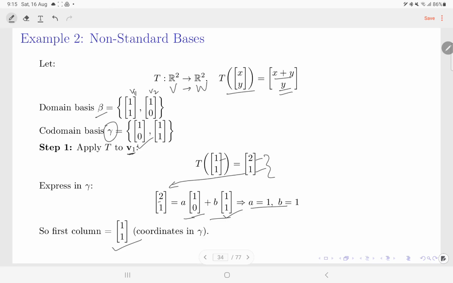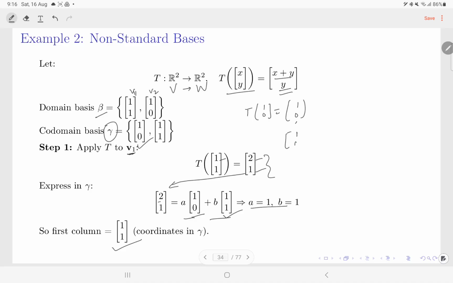Hence the first column of the matrix will be (1, 1). Okay, now do this for the second as well. How can you do this for the second? T(1, 0) will be (1, 0). Okay, yes, x plus y will be 1, y is equal to 0, that means (1, 0). Now you have to write this in terms of your given vectors.